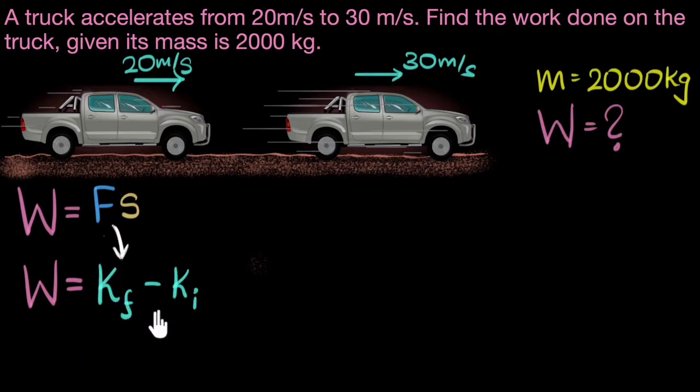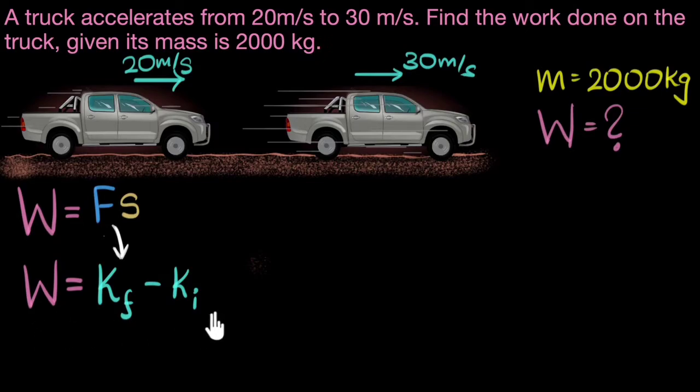The equation is basically saying that the work done on a body tells how much kinetic energy is added to the body. So in this example, if we find out that 10,000 joules of kinetic energy was added to this body, then it means that the work done was 10,000 joules. So I just have to calculate how much kinetic energy was added when the car accelerated. And that itself represents the work done.